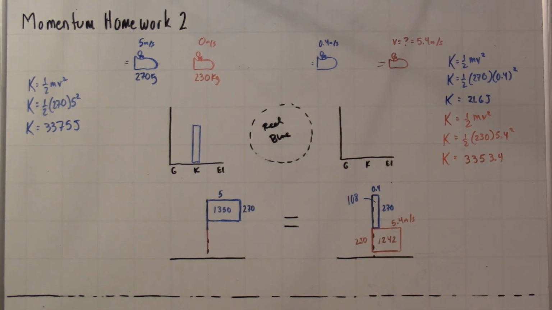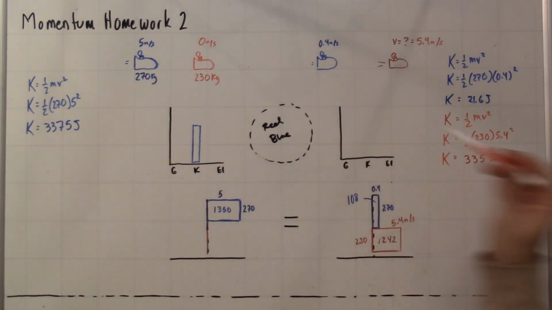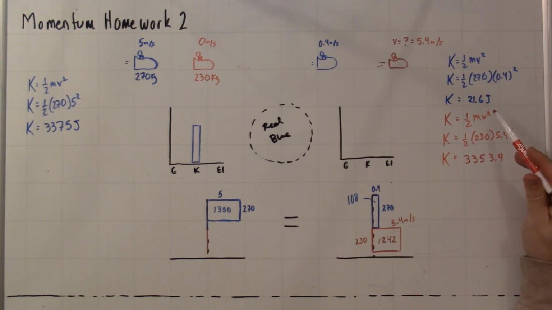Now, I'm noticing something really interesting about this. This is a little bit smaller than that, but how much smaller is it? Is it 21.6 smaller? It turns out it totally is, because when you have these bouncy collisions, all the energy stays the same before and after. We call that the law of conservation of energy.